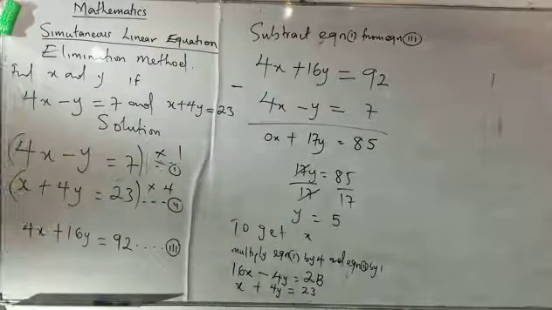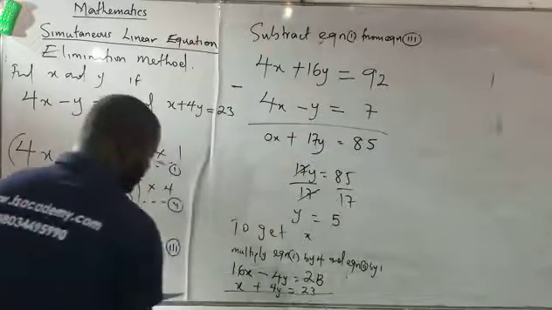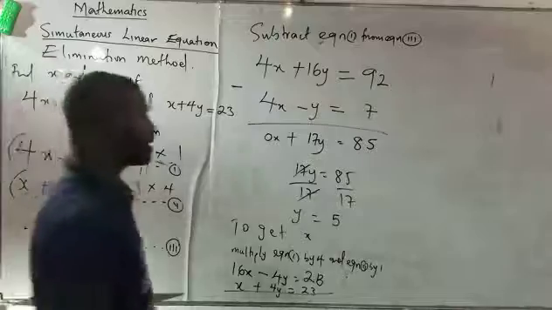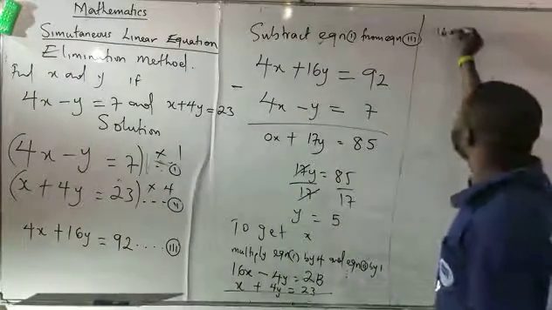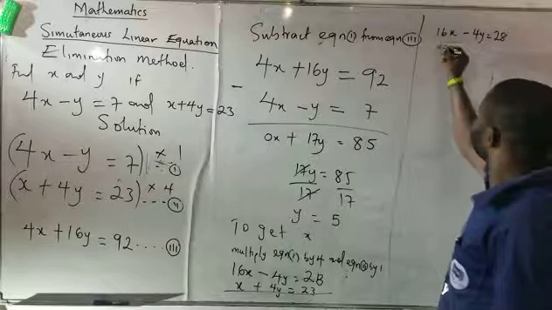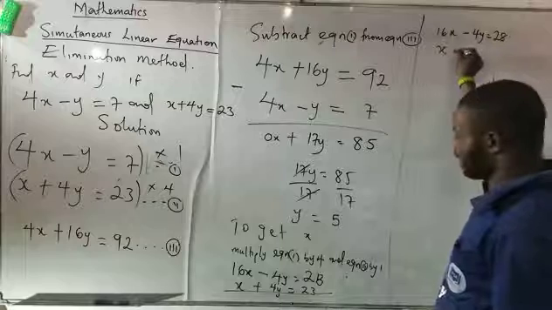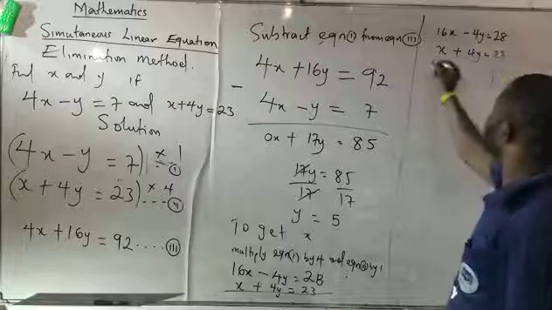Now, for me to move on, I want to subtract the two, or I want to add. At this junction, look at this technicality. I have 16x minus 4y equals 28, and I have x plus 4y equals 23.